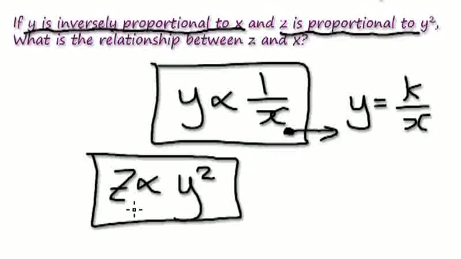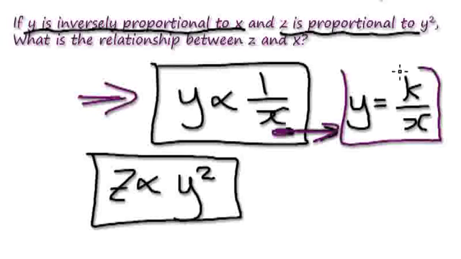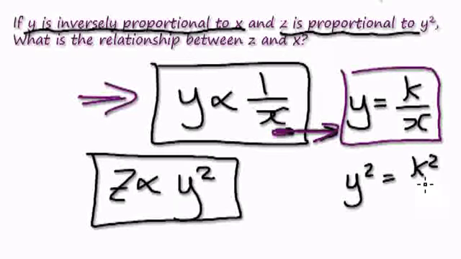Well, we are here at the moment. How do we get from here? This is for y. We want to somehow get to y squared. So let's square both sides. If you square both sides, it will be y squared equals k squared over x squared.